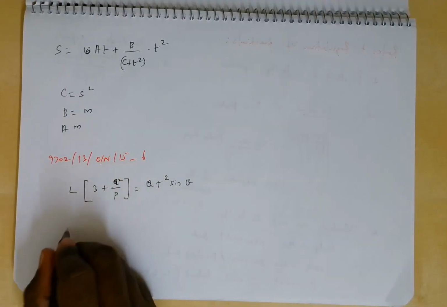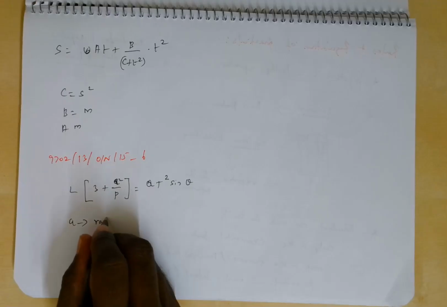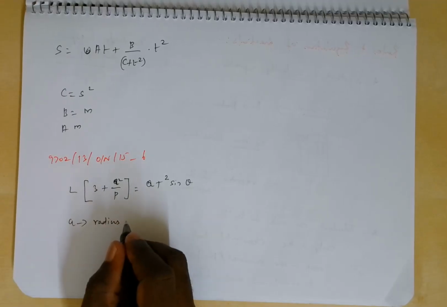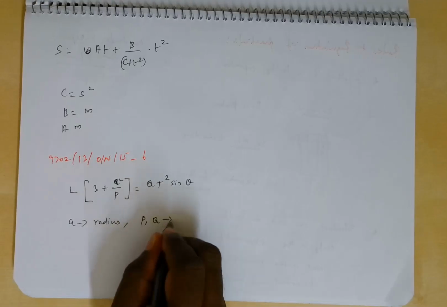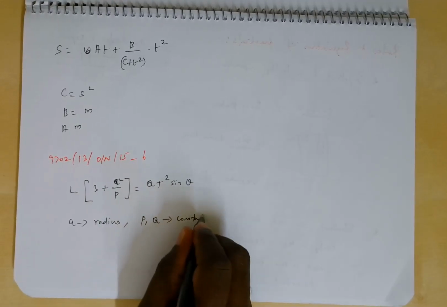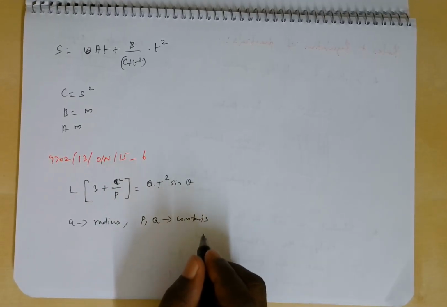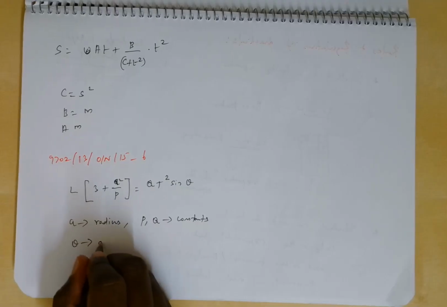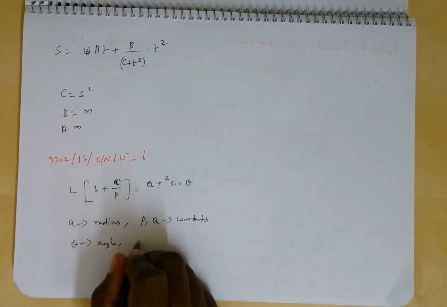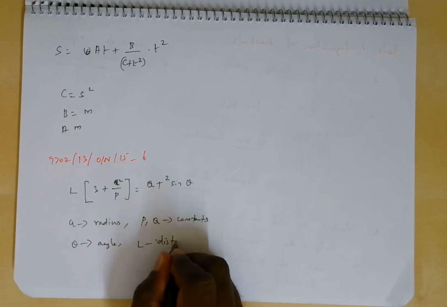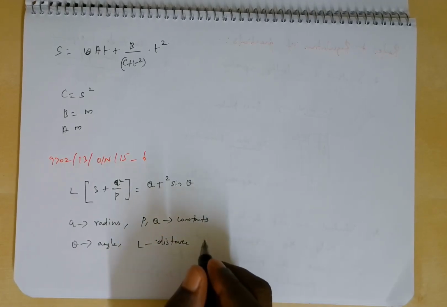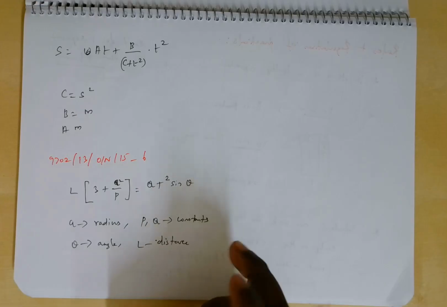So a is the radius of the tube. P and Q are constants. This is the angle, and L is distance or length. You get the idea, sir?